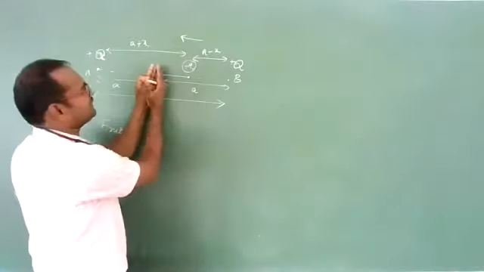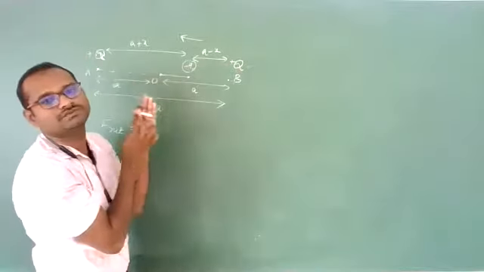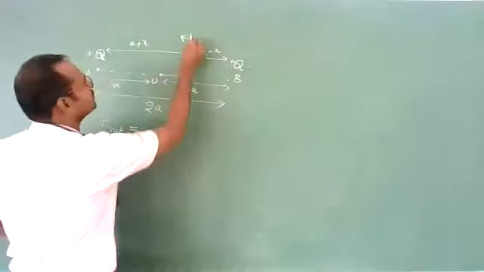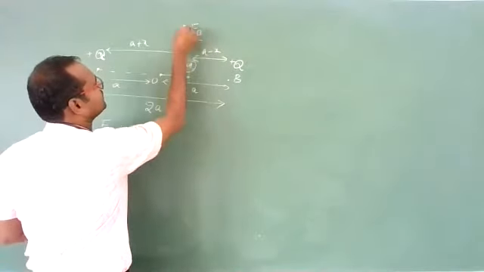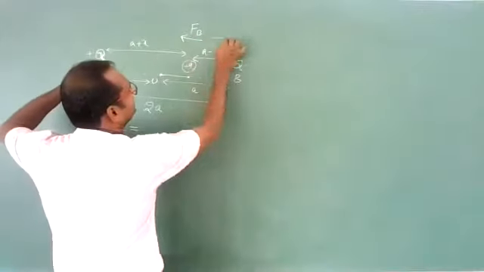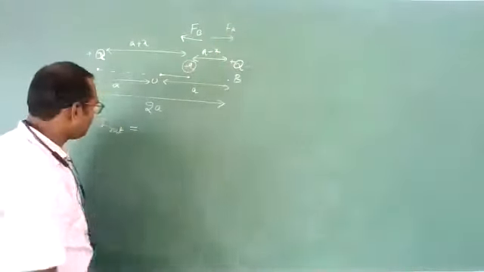See, this is my origin. If I take this side, I will take positive. This side means I will take negative. Force direction: this is the force due to charge at B, this side, and due to charge at A also a force is there, this side. Net force I want. So what can I write?